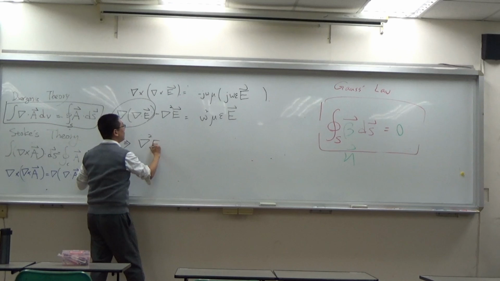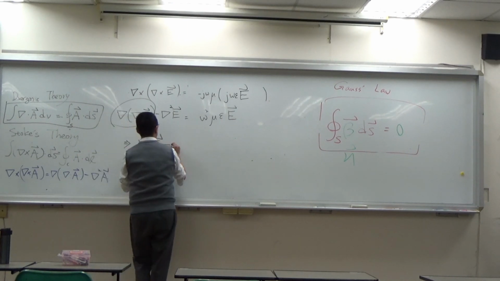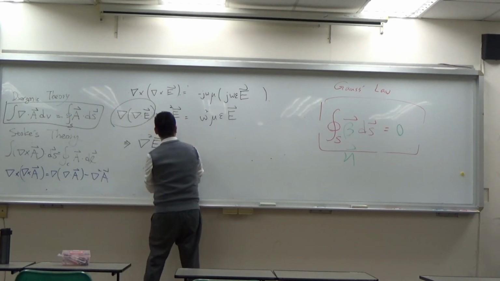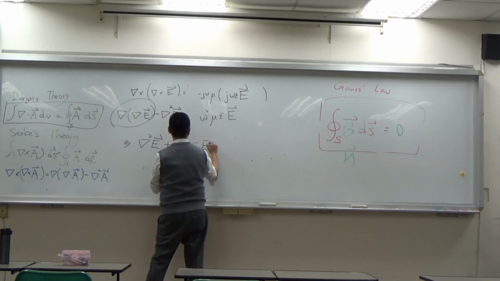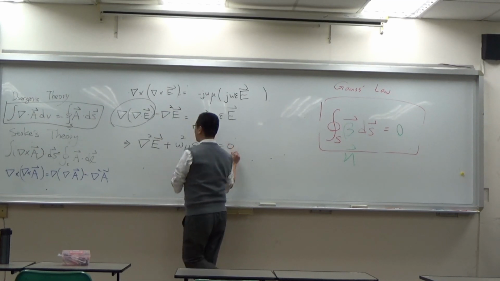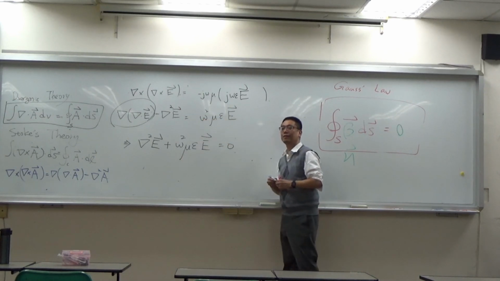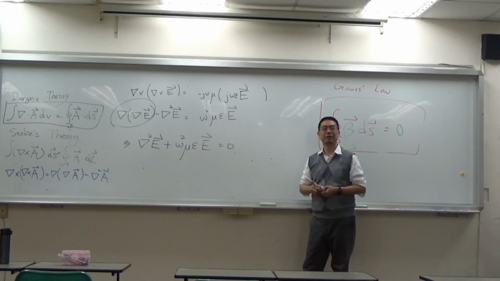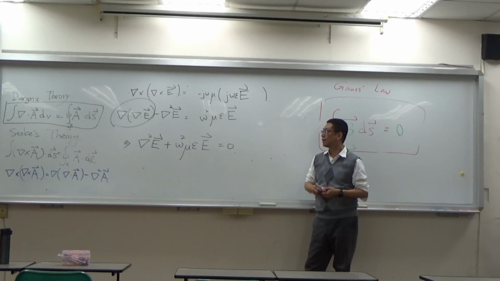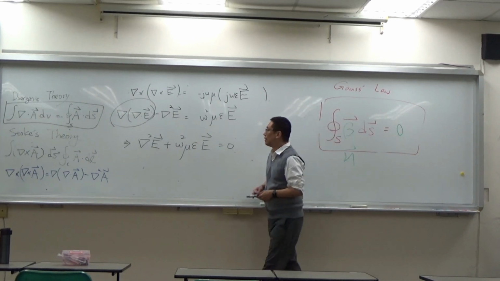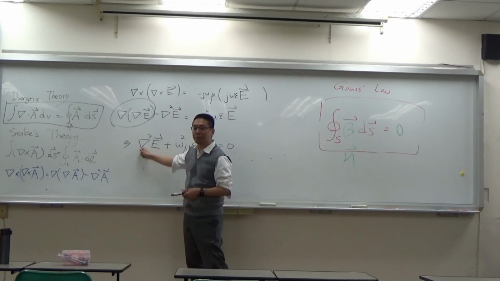Laplace E plus omega square mu epsilon E equals 0. Remember this one, right?